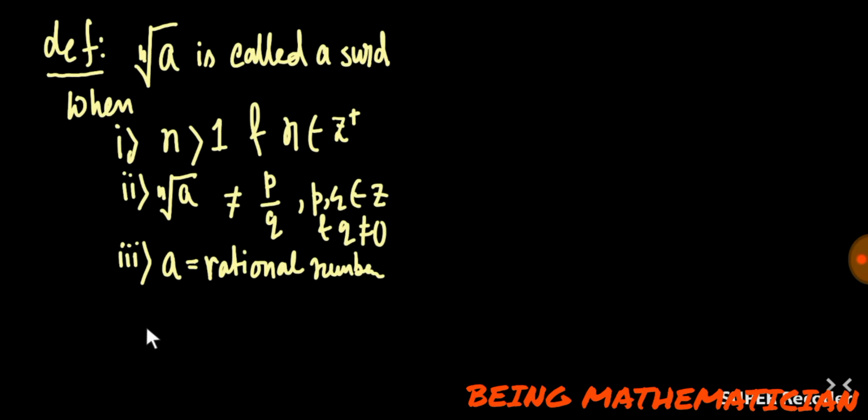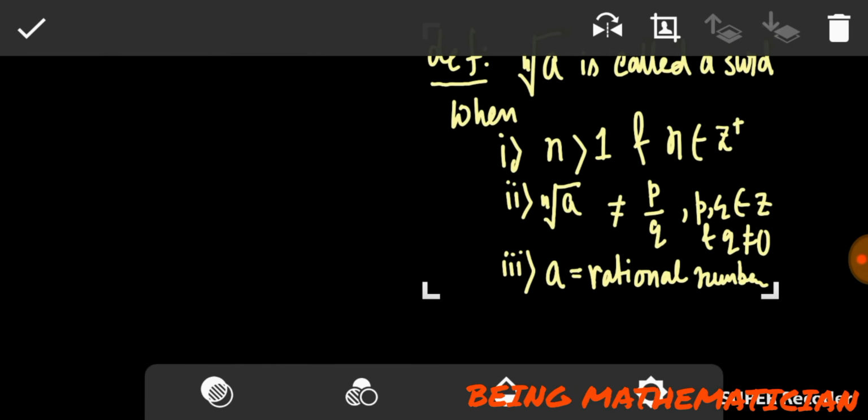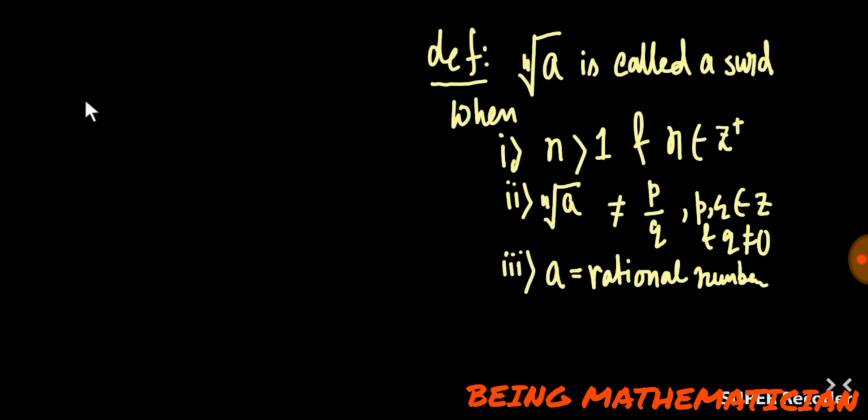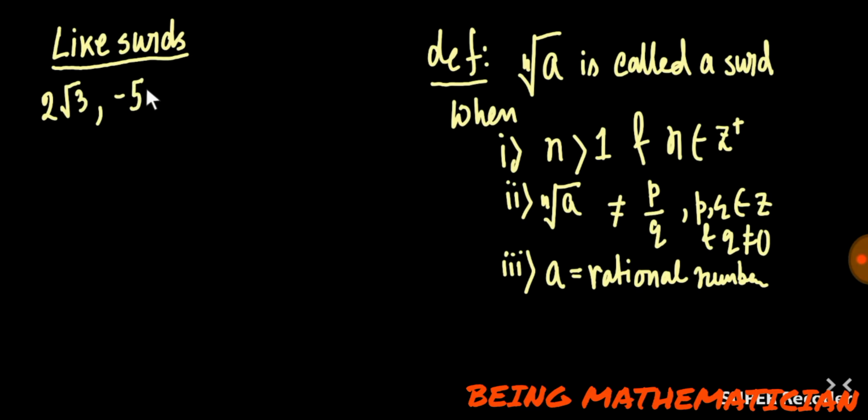Now, let's see what is like and unlike surds. The example of like surds is like that: 2 root 3, minus 5 root 3, 1 by 7 into root 3.